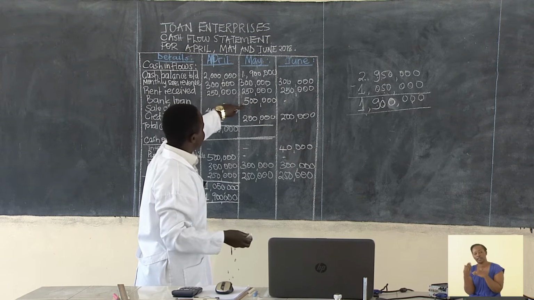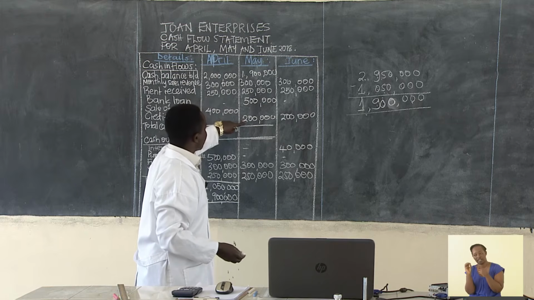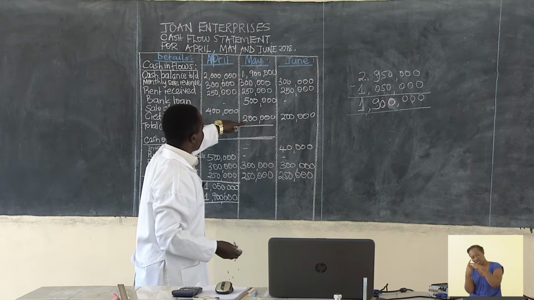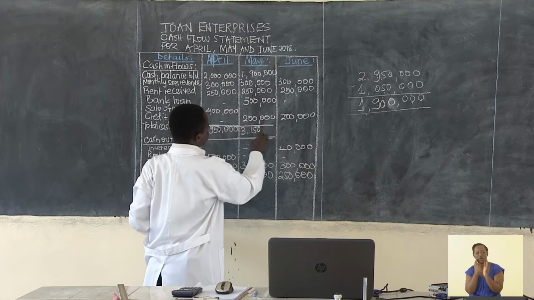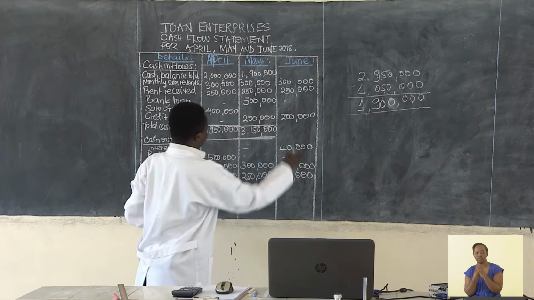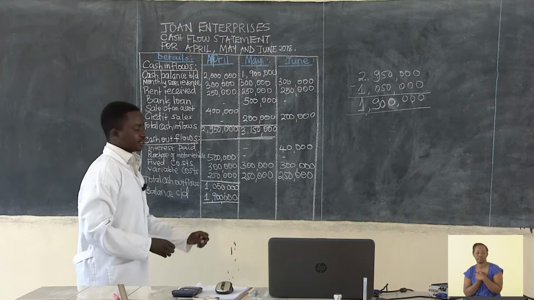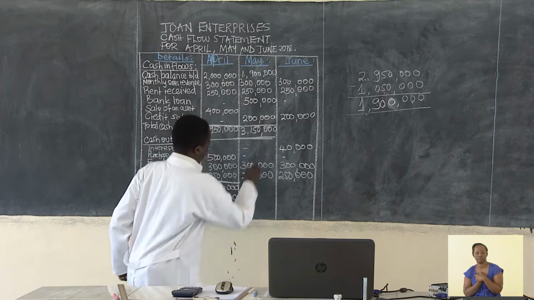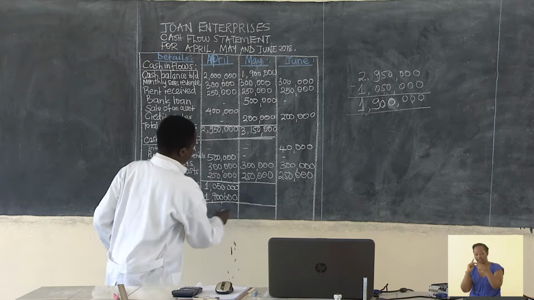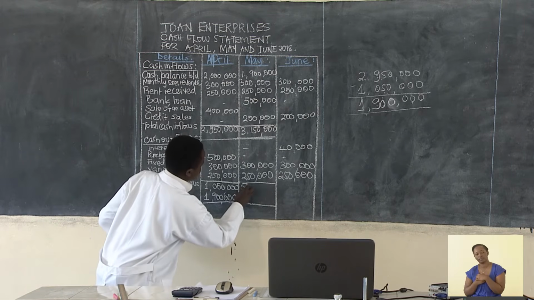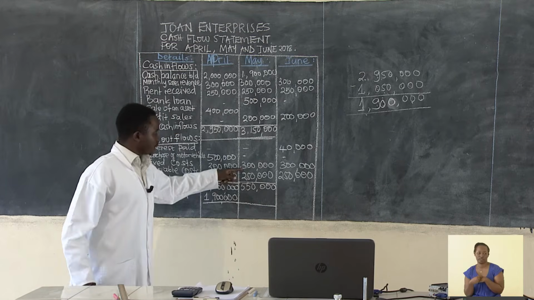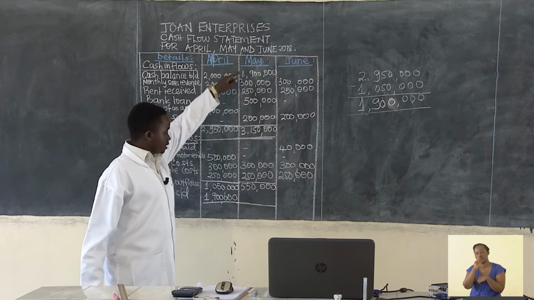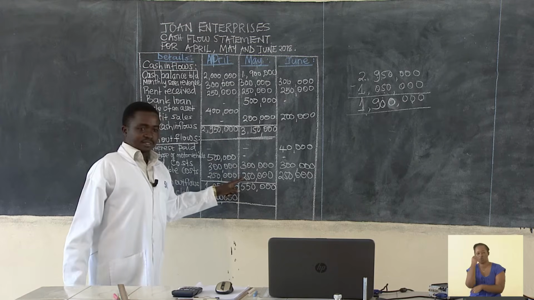Then 2,950,000. Then you add 200,000. That gives you 3,150,000. Then you add here 550,000, the cash outflows of the month of May, 300 plus 250.